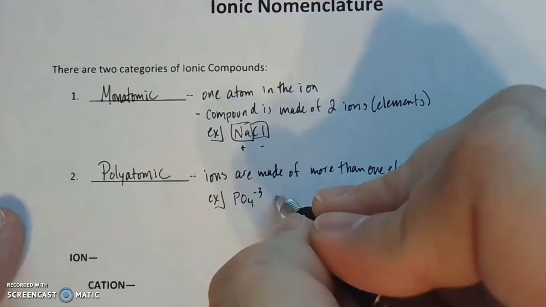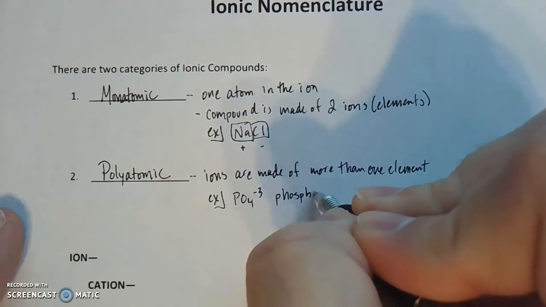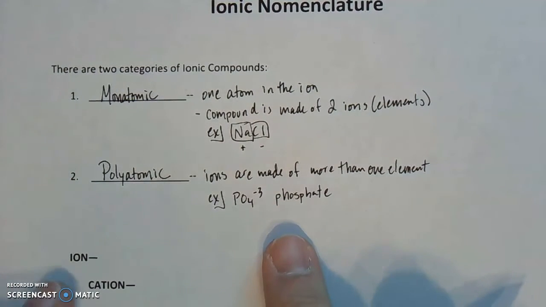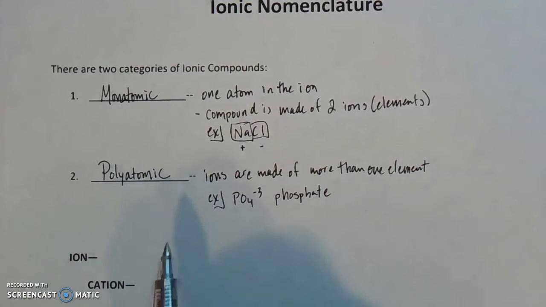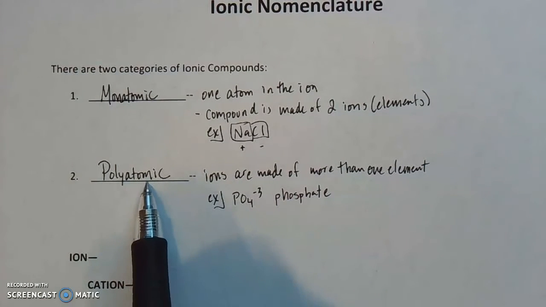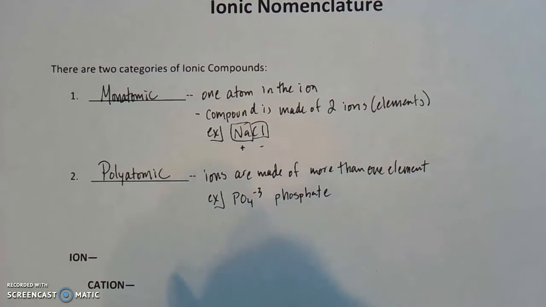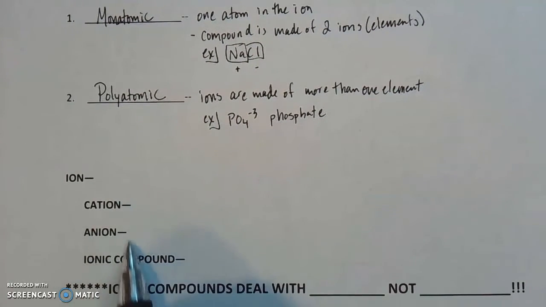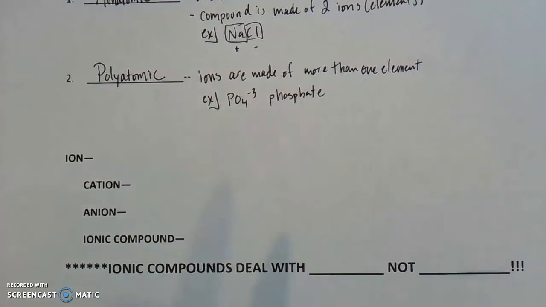This is called phosphate. And we have a list of these that we're going to be using later on. So with these, like I said, there is a list of these that we will be using later on when we talk about this. So for us, let's just review a little bit about ions.